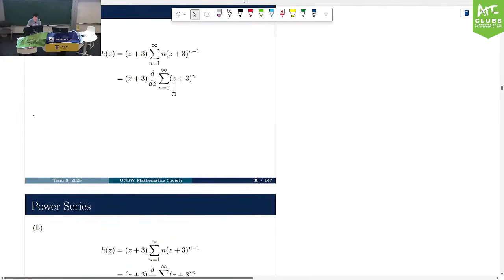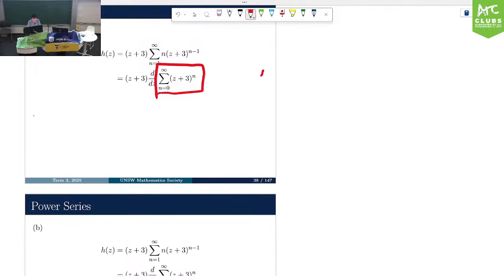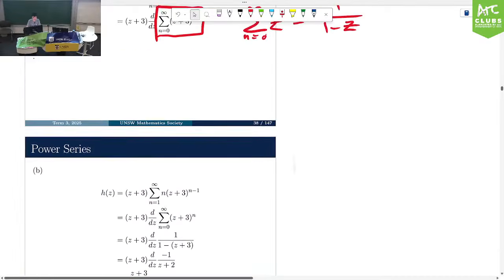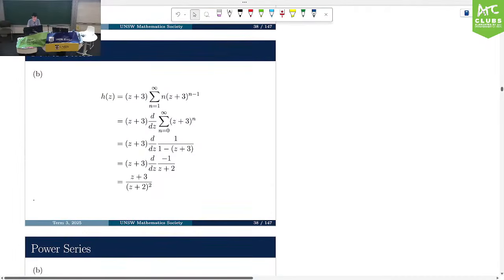And I hope we can all see that this is a geometric series. So the sum from n equals 0 to infinity of z to the power of n equals 1 over 1 minus z. This is just our sum of GP formula. Except in here it's not z, it's z plus 3 instead. So put it in here.